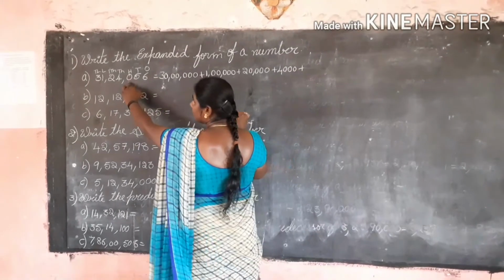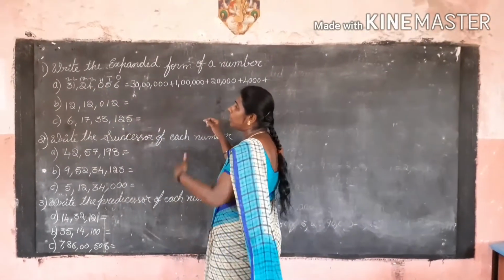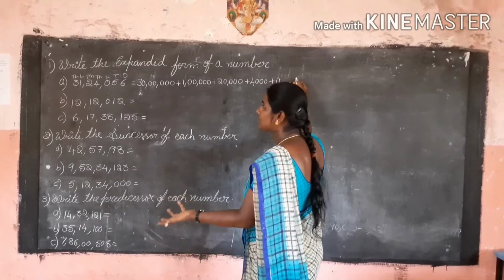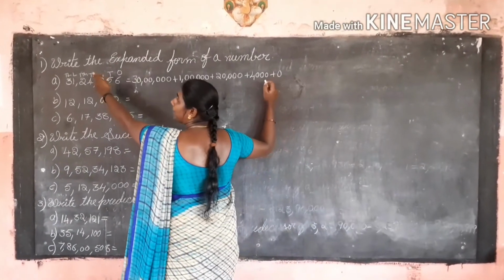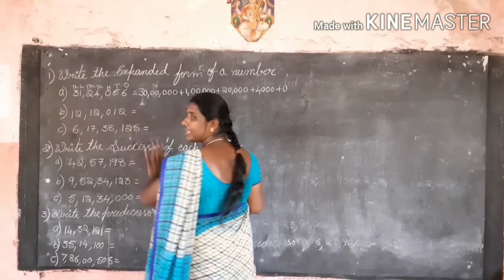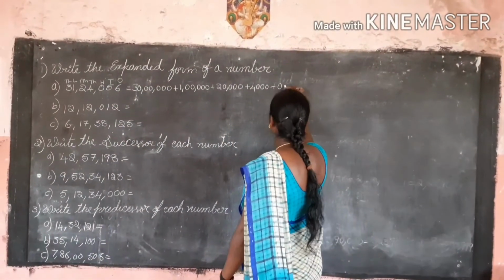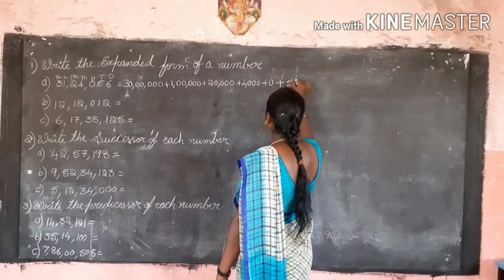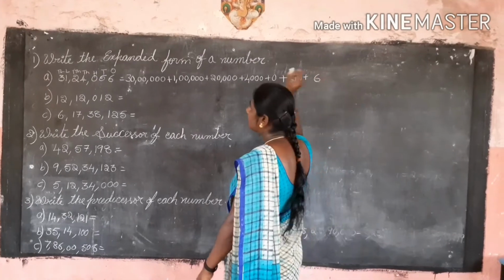Here 0 is there. What is the place value of 0? Place value of 0 is 0. 0 into 100 is also 0. 0 is in the hundreds place, but if we multiply 0 with any number, we get 0. That's why the place value of 0 is 0. Next, 5. 5 is in the tens place, 50. Plus 6 is in the ones place, 6.